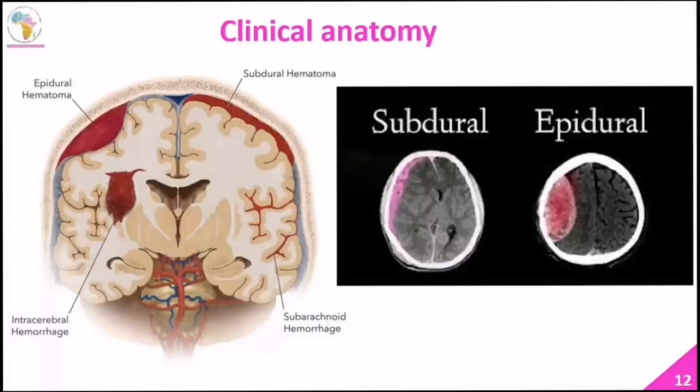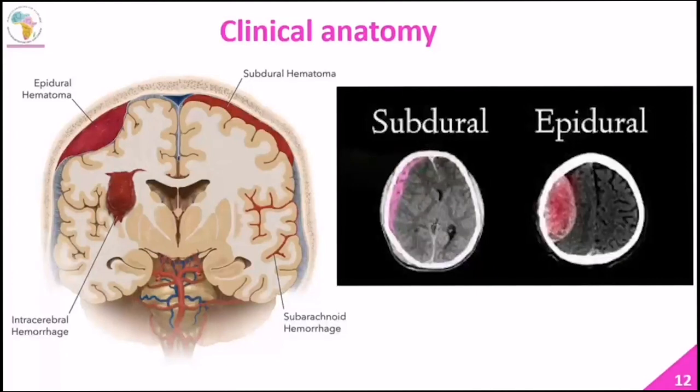On a CT scan such as this one here, a subdural hematoma appears as a crescent-shaped or banana-shaped opacity. A patient with a subdural hematoma may present with symptoms ranging from mild headache to weakness to seizures and severe neurological deficits. This pathology is more likely to occur in elderly or chronic alcohol-dependent patients due to brain atrophy, increasing the likelihood of vein rupturing.